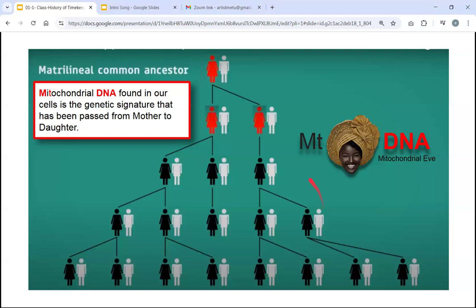So here we have the first mother. She passes on to her daughter, that's in the reddish orange color. The male that marries her, he gets his status because he married her, the royal bloodline.